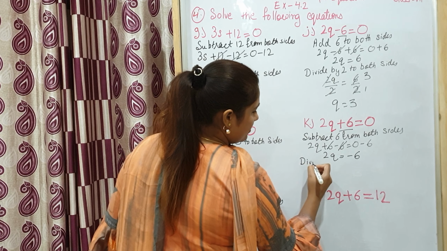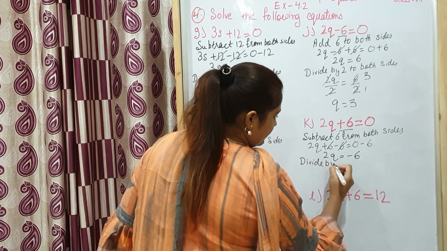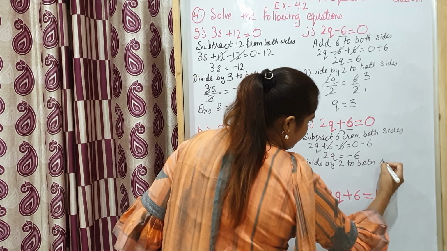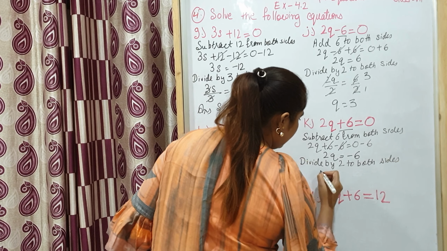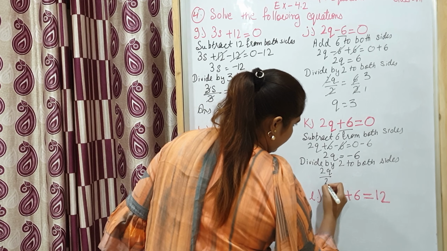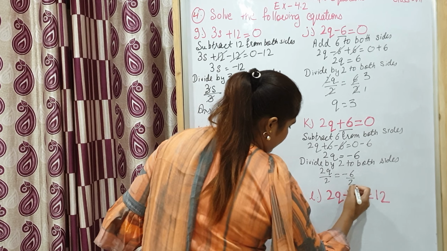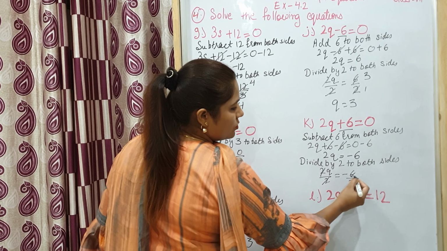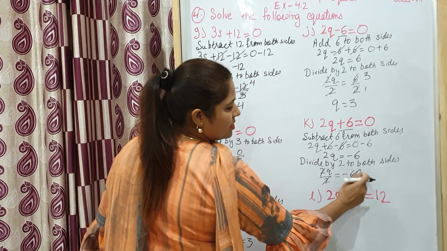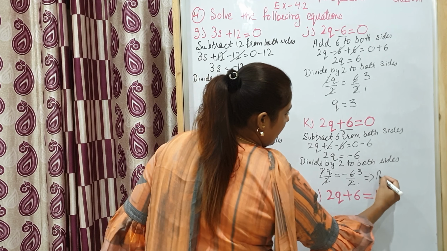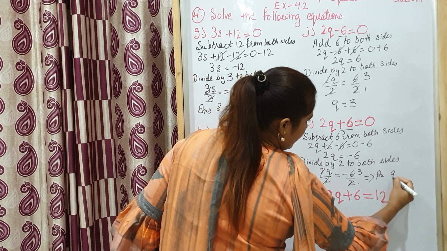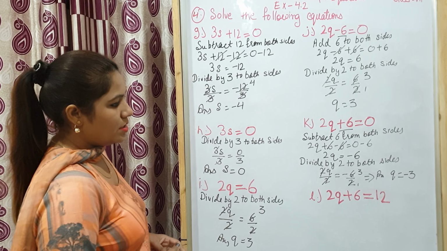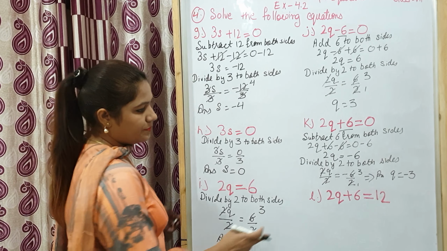We do division. Now 2 and 2 cancel out. 2 ones are 2, 2 3s are 6. So minus 3. So here our answer is q is equal to minus 3. Now L part, student.